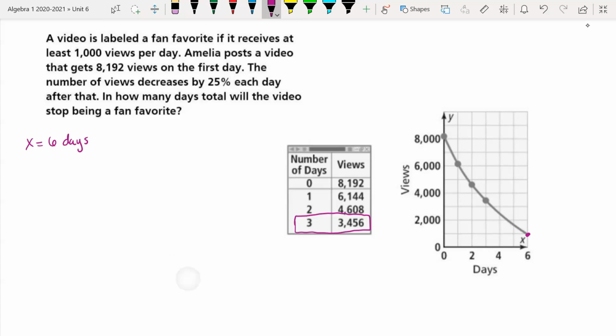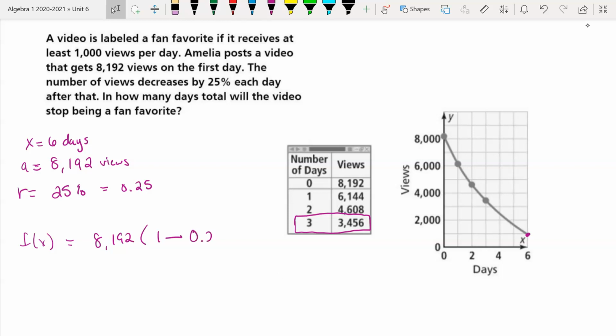Okay, our initial value is that 8,192 views. Our time is 6 days, and our R is 25%. Remember, we don't use percentage, though. We use a decimal. So now I'm going to plug everything in. Our decay function is the initial times (1 minus R), because that means decay, minus instead of plus, and then raised to the 6th power.